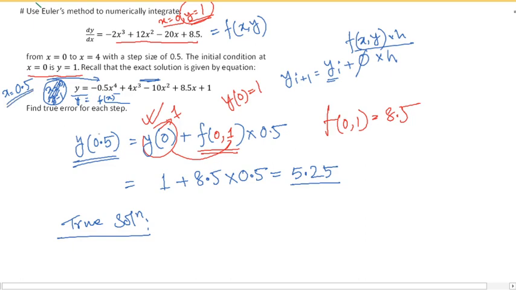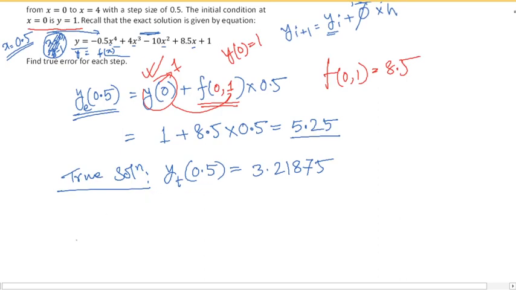So we can say this is the true solution at 0.5, and this is the Euler solution at 0.5. Putting 0.5 in for x here, you'll get the value 3.21875, if I'm not wrong.